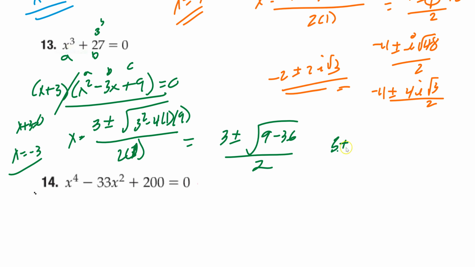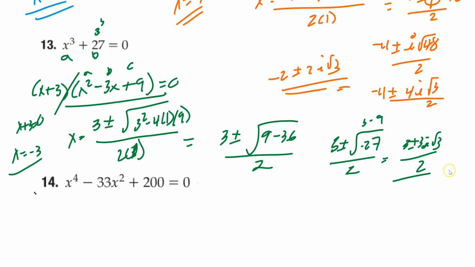So 3 plus or minus the square root of negative 27, and that's the same thing as 3 times 9, so that's going to be 3 rad 3. So you get that, right? Those are my 3 answers: 1, 2, 3. Yeah, not pretty, but that's how you do them.